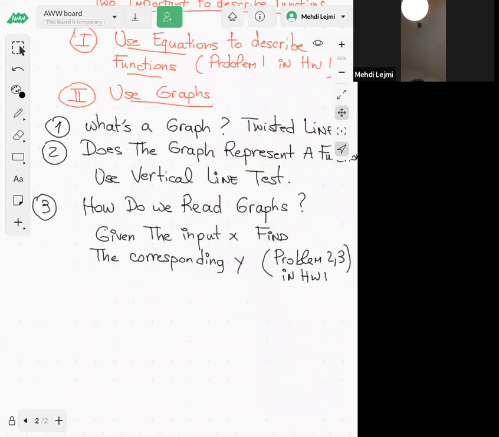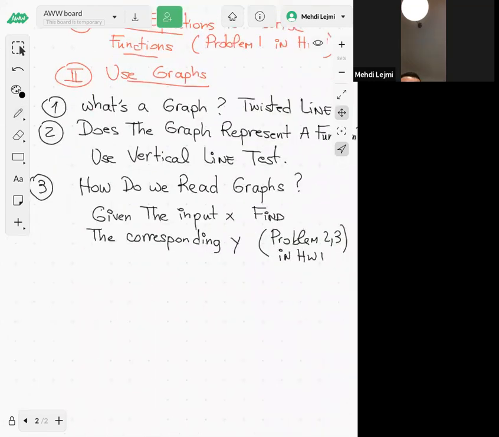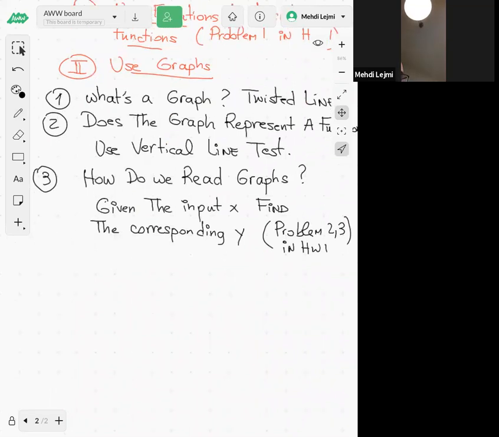Now, the last question we didn't answer yesterday was how do we graph functions. So question number 4. So how do we graph functions? Okay.